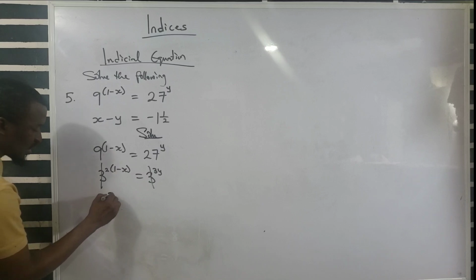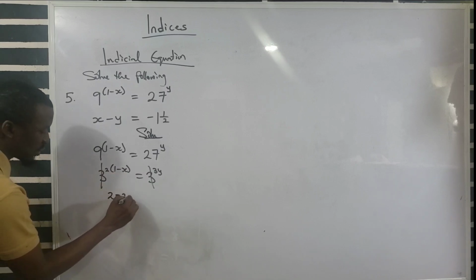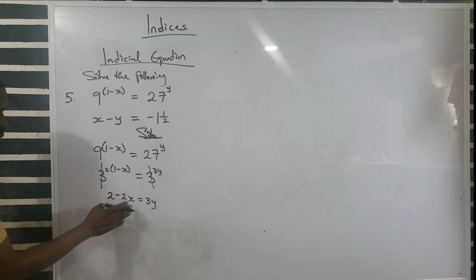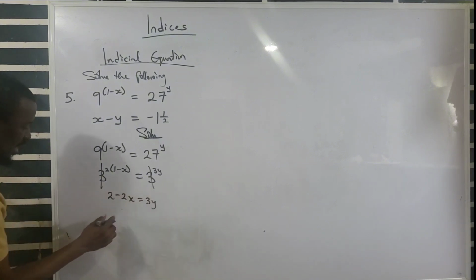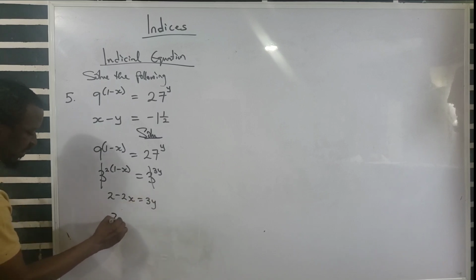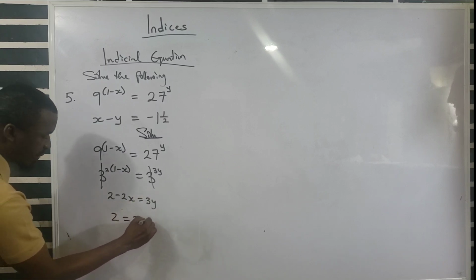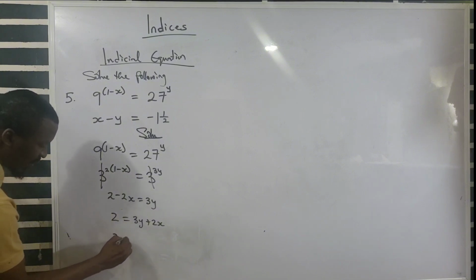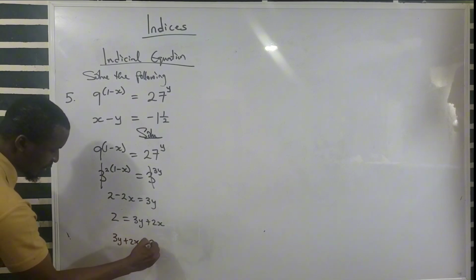So that will give us 2 minus 2x equals 3y. Okay. So which way should I take it? Okay, let me bring this one over here. If I take this one over here, I'll have that 2 equals 3y plus 2x, which you can write as 3y plus 2x equals 2.